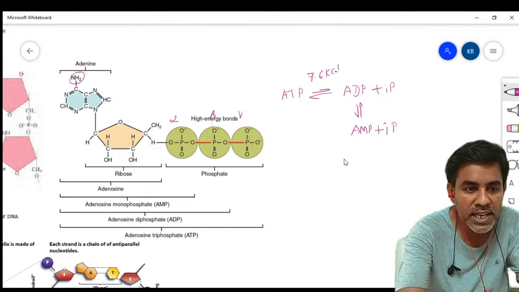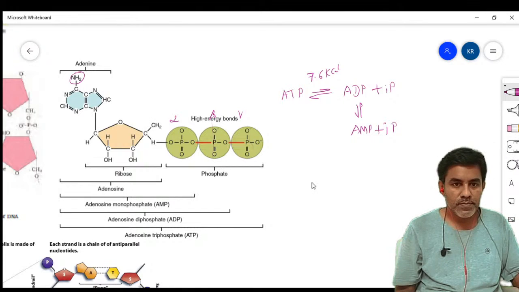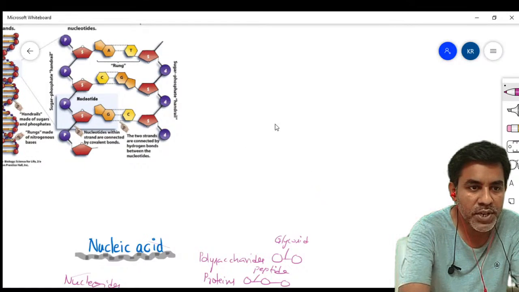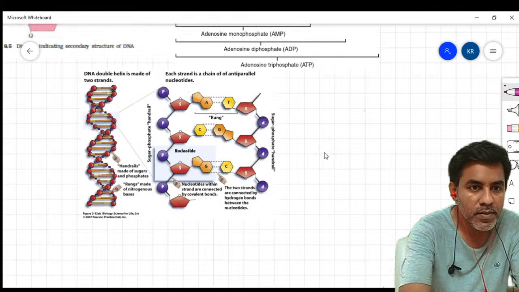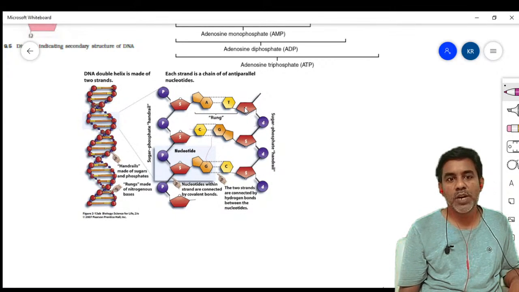Coming to the DNA, here we have the DNA moiety. These are the phosphate molecules and here we have the sugar moieties.